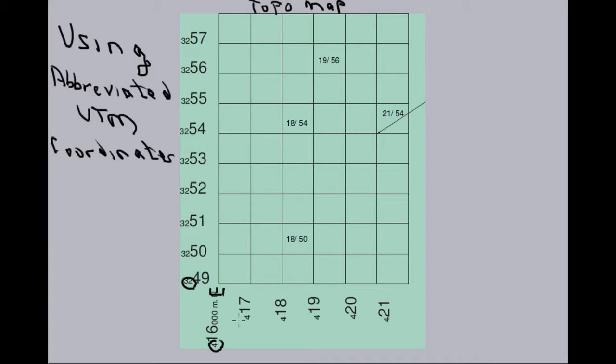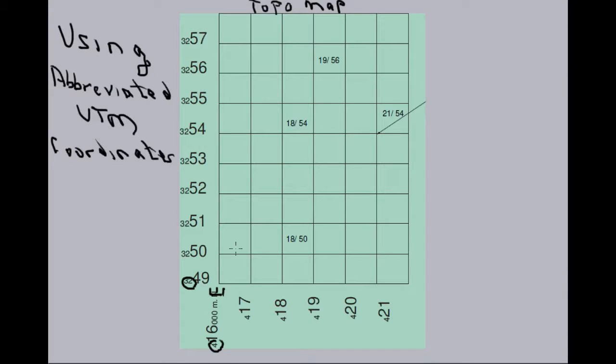In this case, we'll say we're in zone 17R, and these are our eastings and our northings. So just to abbreviate, we'll leave off the 4 and we'll leave off the 32, and then we'll just describe the 1,000 meter squares, which are described with the 10,000 and the 1,000 meter placeholder.